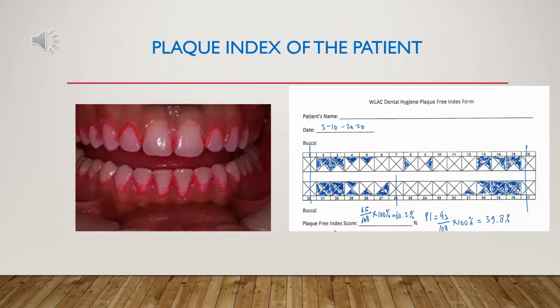Around the gingival margin, those areas have a rough surface, and the plaque cannot easily be removed with rinsing or by saliva flow. It has to be removed by proper brushing technique.